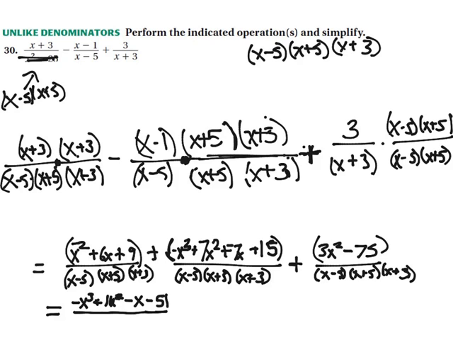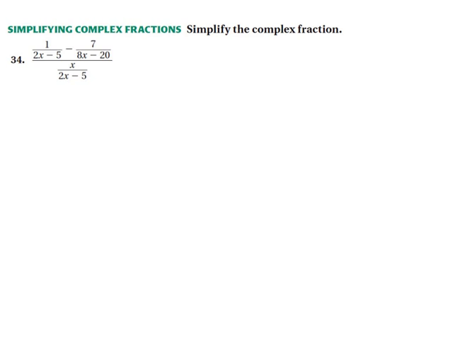And on the bottom, I'm still going to have my x minus 5, x plus 5, x plus 3. And that is factored. That is simplified. You could see at the top factored by grouping, but it doesn't. Last one here.